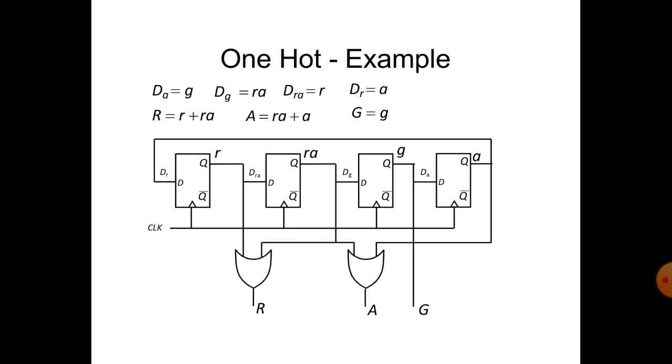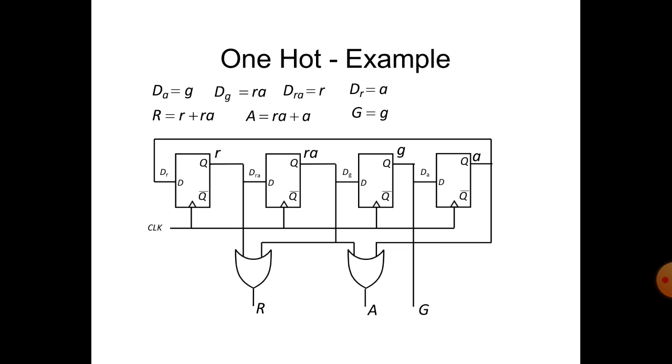The first flip-flop input is D and its output will be R, the second output will be RA, the third output will be G, and the fourth output will be A.